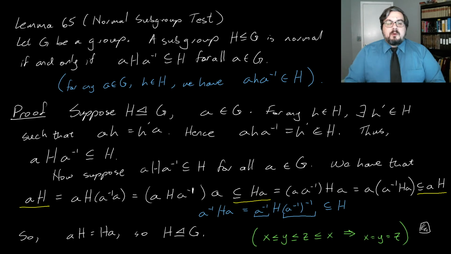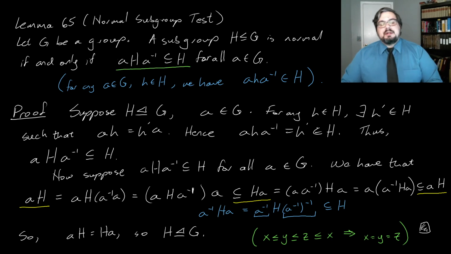That's the same sort of principle we're using here with the subset relationship. Okay, so the point is to test whether a subgroup is a normal subgroup, we check this condition here. Let's see some examples.